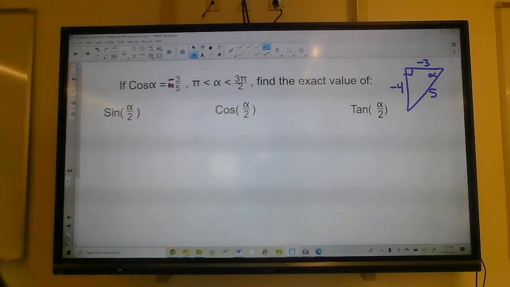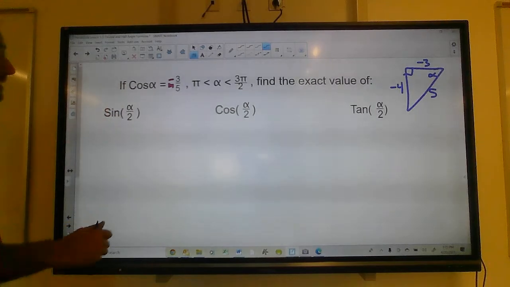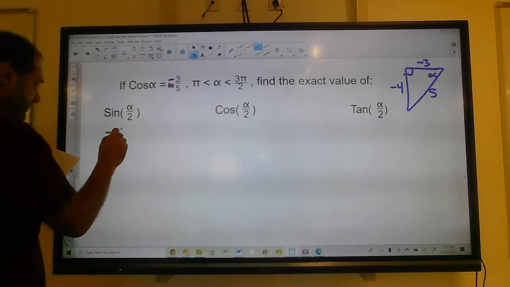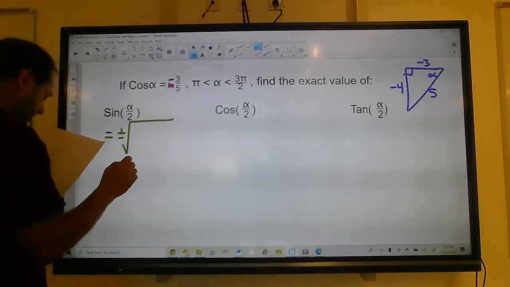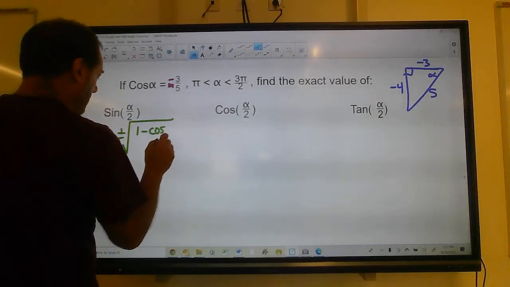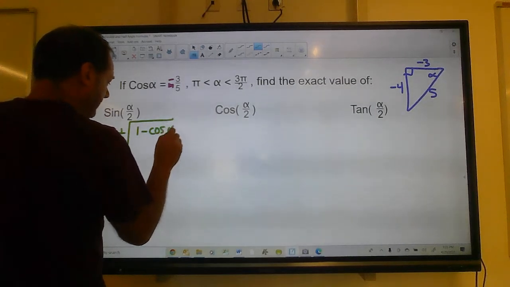Okay, so now I can use my half angle formula here. So this is going to be equal to plus or minus the square root of 1 minus cosine of alpha over 2.